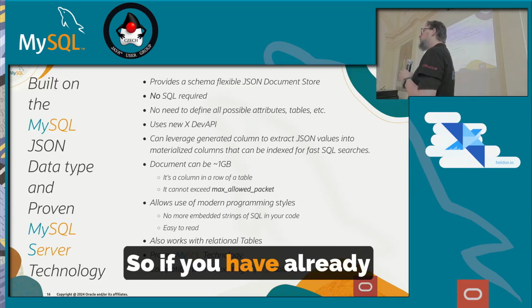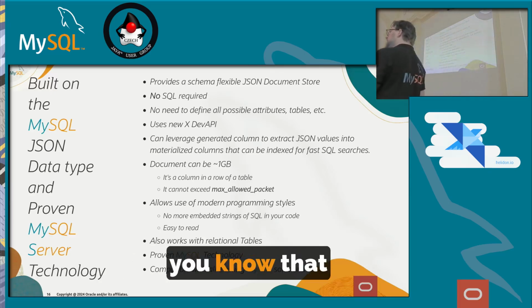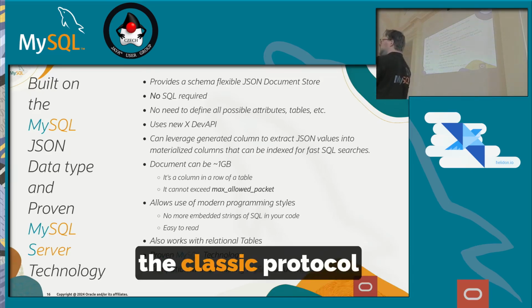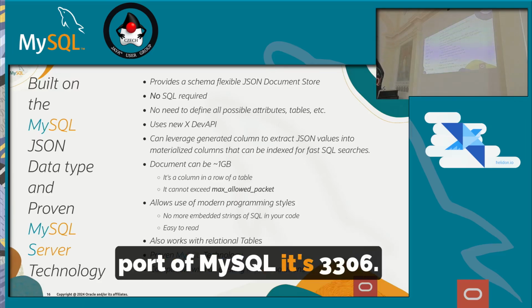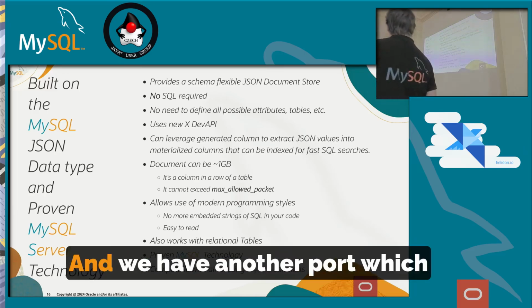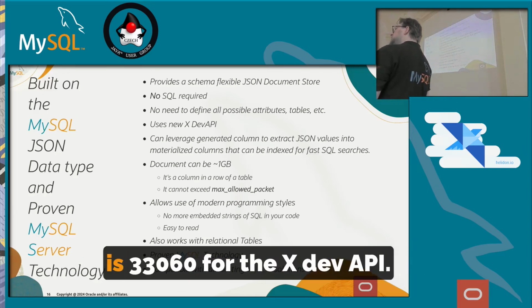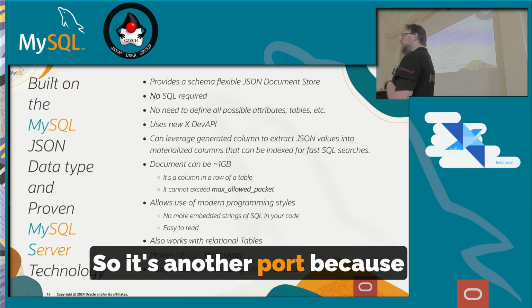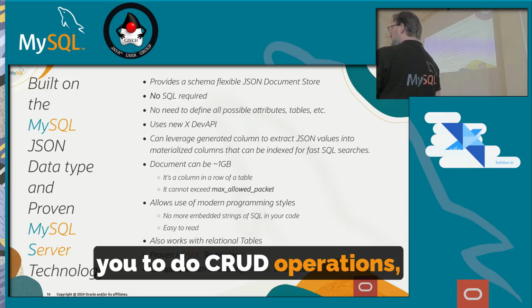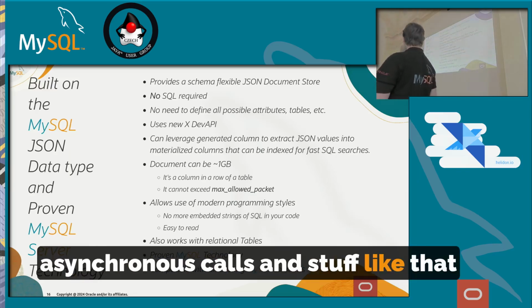If you have already used MySQL, you know that the classic protocol port for MySQL is 3306. Usually people know that, it's very well known, right? And we have another port, which is 33060, for the X DevAPI. It's another port because it's another protocol that allows you to do CRUD operations, asynchronous calls, and stuff like that.